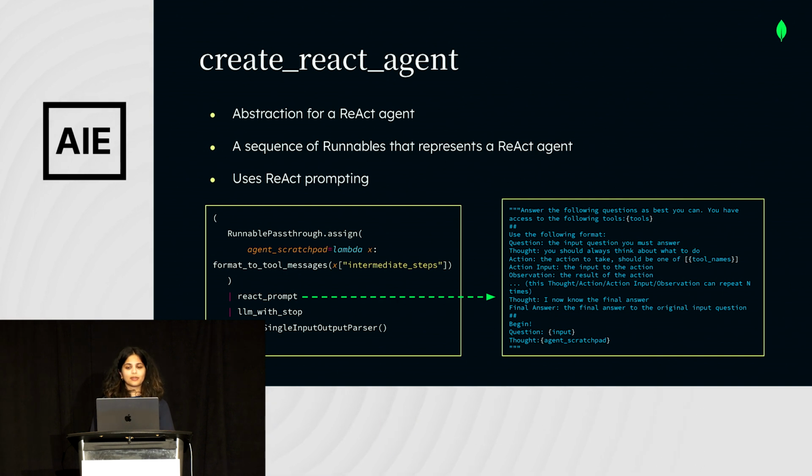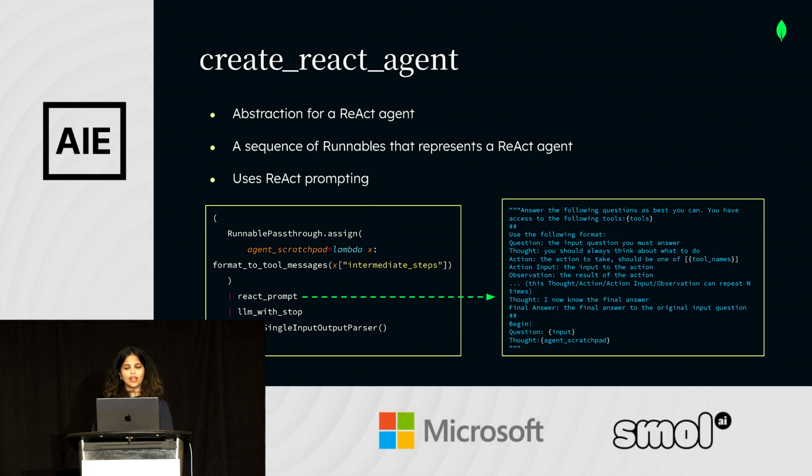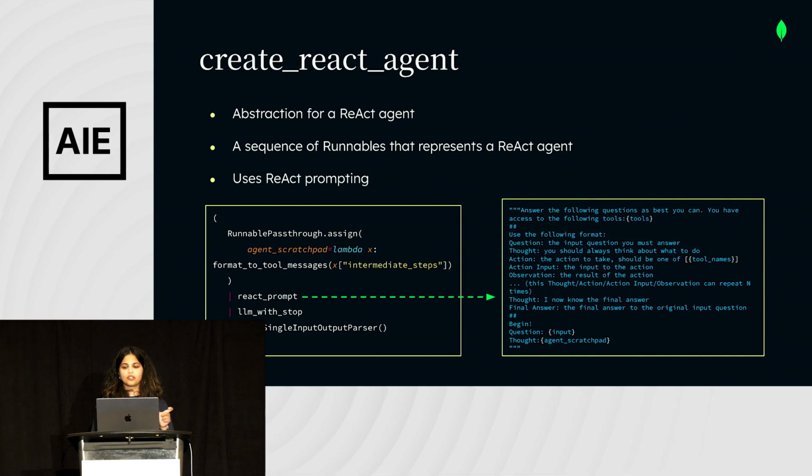And then we'll also be exploring a ReAct agent that uses ReAct prompting to guide the agent to take a series of reasoning and action-taking steps to arrive at the final answer. And for this, we'll use the create ReAct agent constructor, which follows a similar series of steps as the tool calling agent, except it uses a ReAct prompt template, and the LLM has knowledge of when to stop the reason action-taking sequence using a stop sequence.